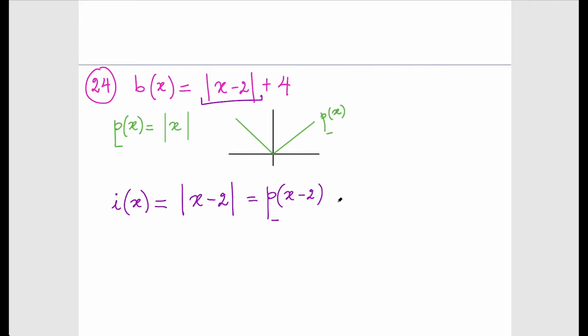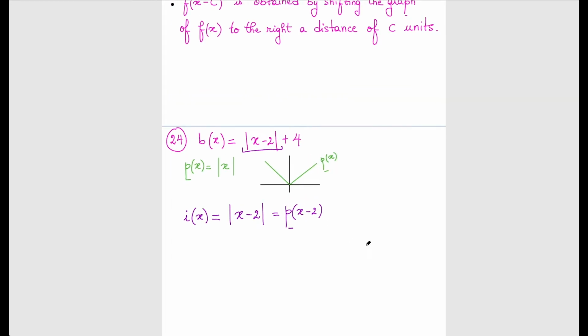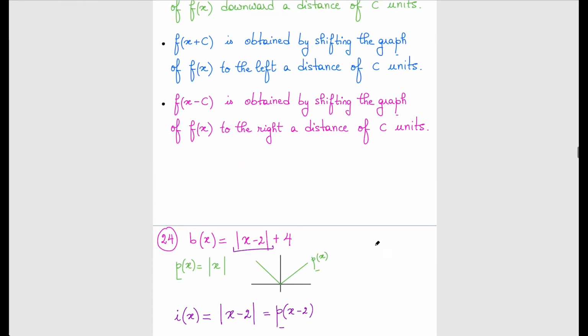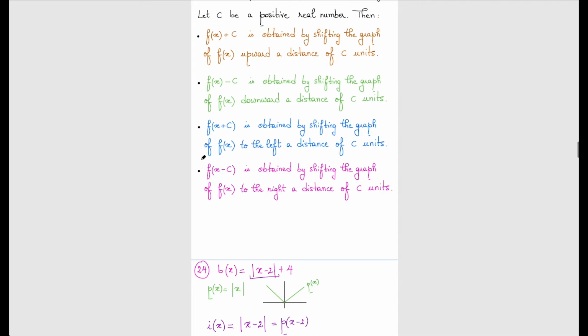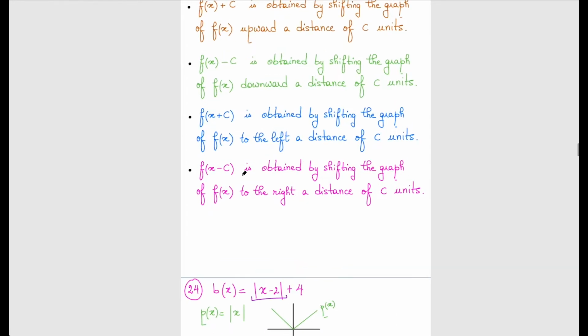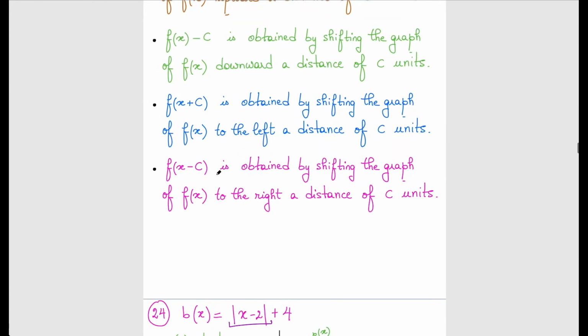Now back to that theorem, which is the collection of all the results that we discovered. Which part is it? 1, 2, 3, 4. Well, we're talking about P of x minus c, so we're talking about the very last one, this pink one. How do you obtain P of x minus 2 from the graph of P of x?